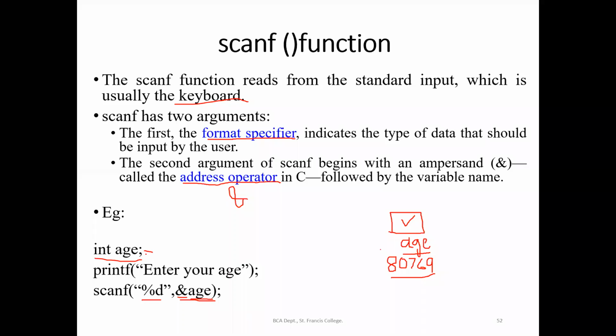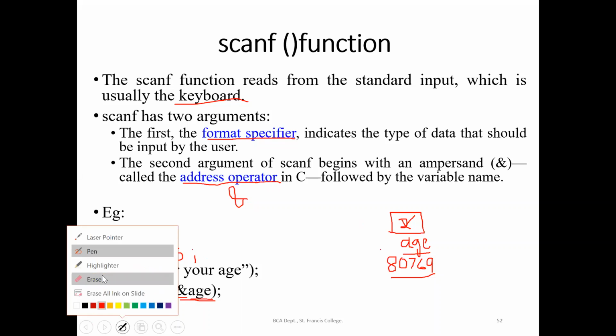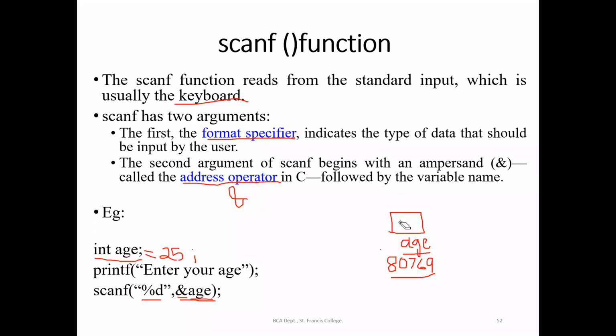Suppose if I am assigning the age as 25, in the memory space, the 2 bytes we have allocated for age, we will be storing during assignment the value 25.